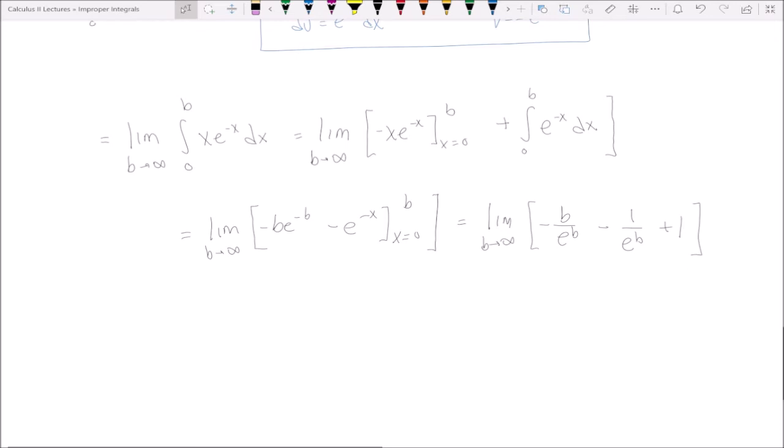Clearly, this limit here is 0. If we take a look at this limit, factor out that negative.